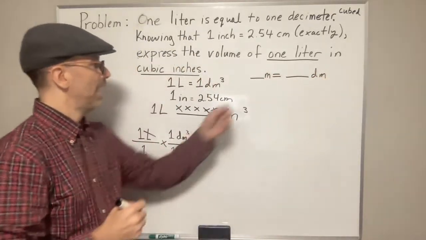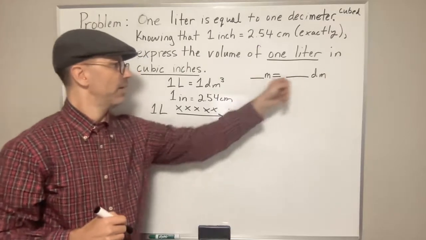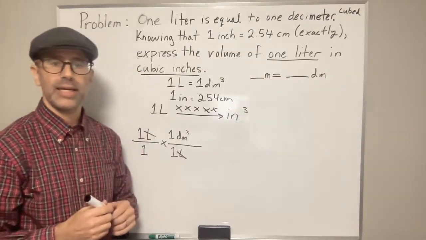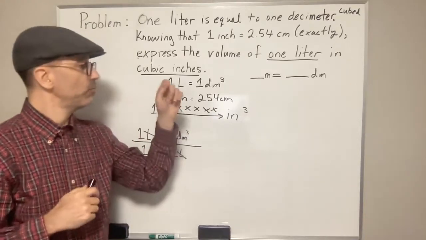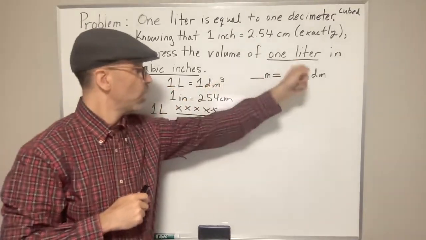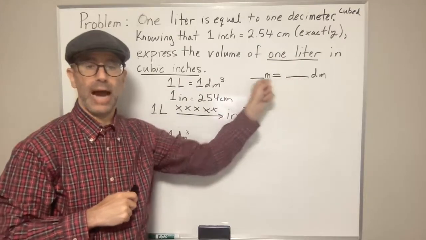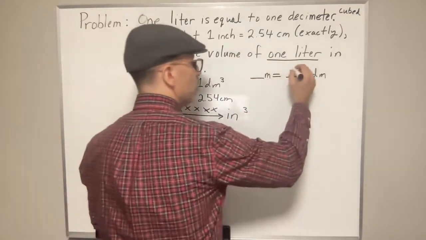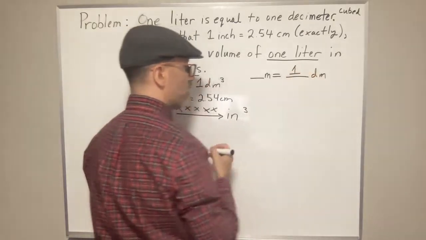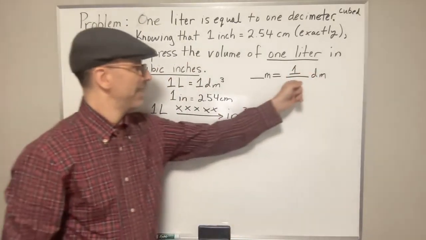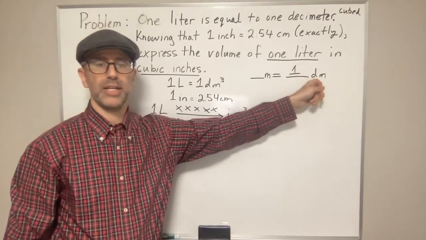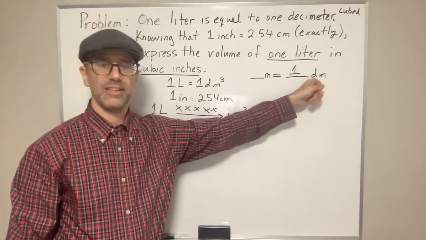Now I need to put the numbers in for each of these. The way I do it is I always put the 1 with the prefix, not with the base unit. So 1 goes there. And then I need to know what the prefix multiplier is for deci.